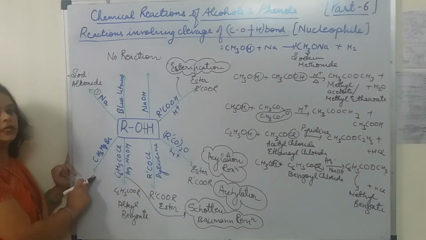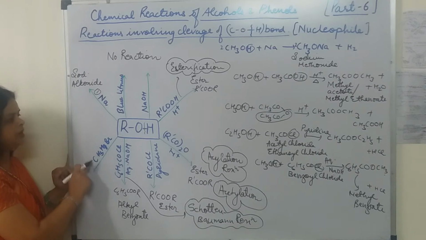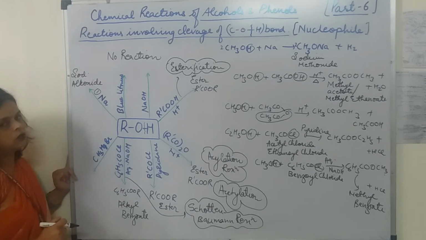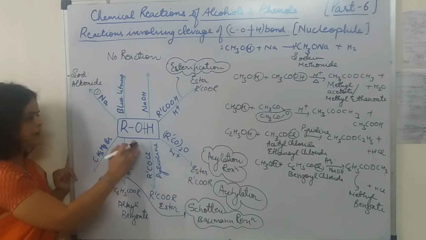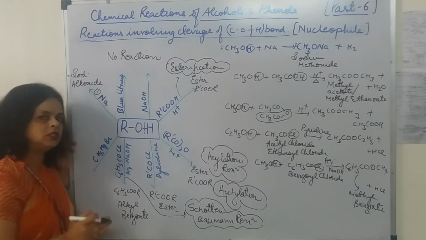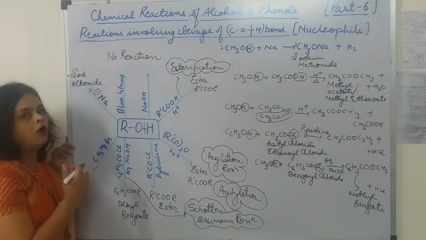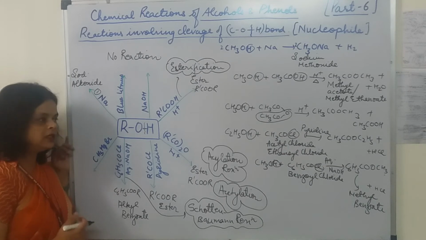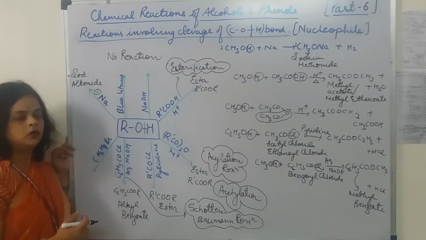Now, here the last reaction in which Grignard reagent is reacting with the alcohol. Students, whenever a compound containing active hydrogen combines with a Grignard reagent, it always leads to the formation of the hydrocarbon.